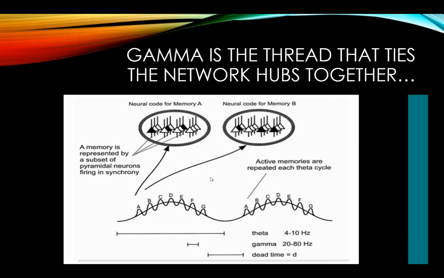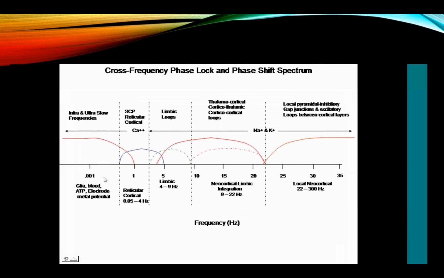So naturally, you start looking into some cross-frequency phase lock, phase shift data to see if this actually does occur. Is there a change in the phase lock and phase shift metrics that you can actually observe through the QEEG?